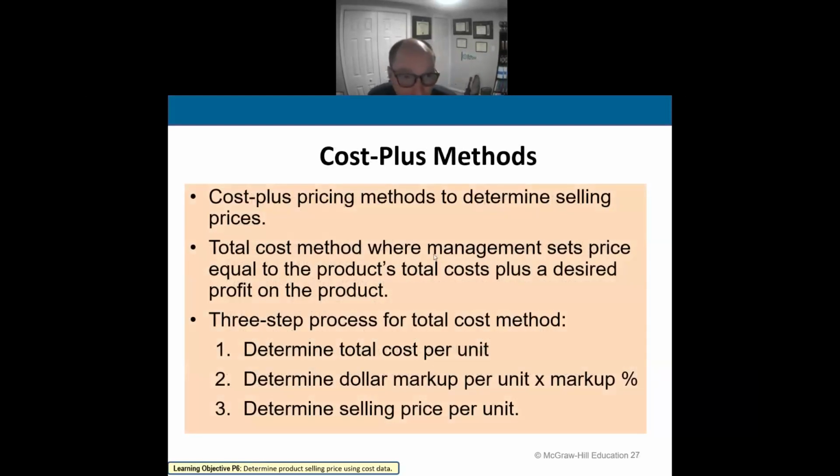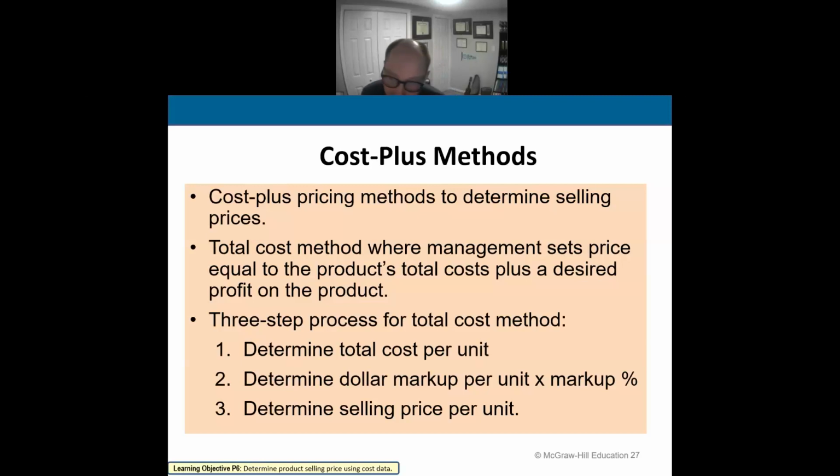One of the methods that we use when we set our sales price is called the cost plus method. When I set a sales price for my product, how much am I going to sell this for? I look at this thing called cost plus. It's where I take my total cost and then add in my desired profit for that product.